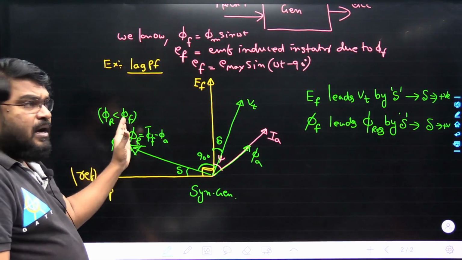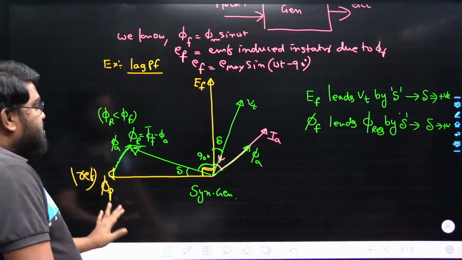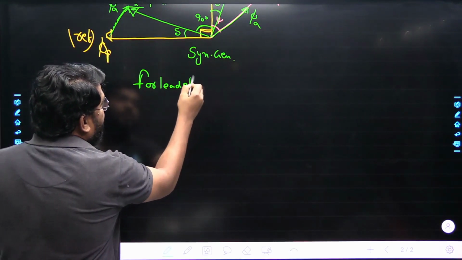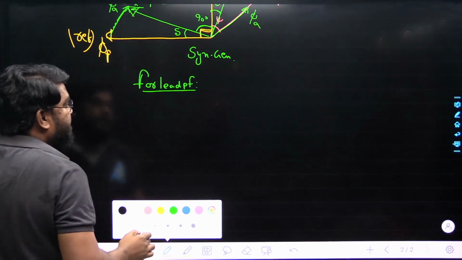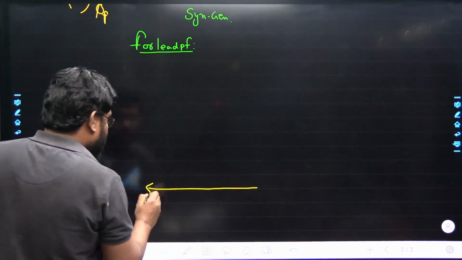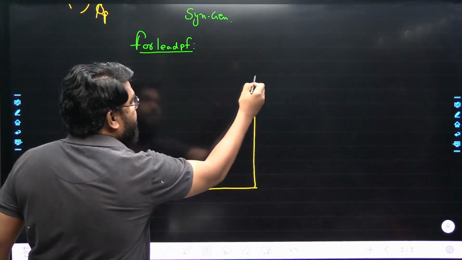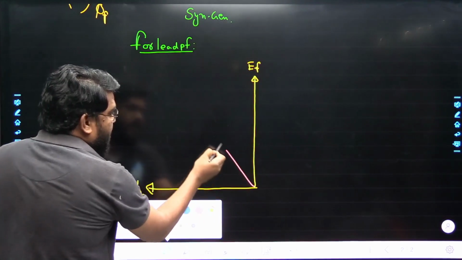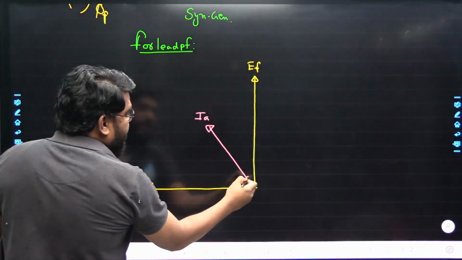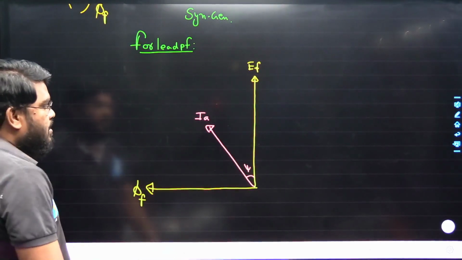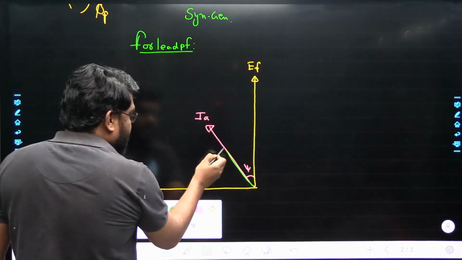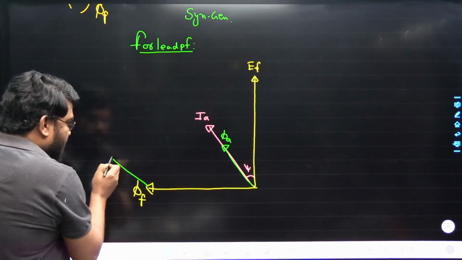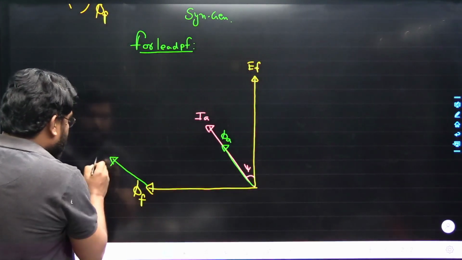If you take leading power factor, what will happen? Same thing: this is the field flux phi f and the excitation EMF EF. For leading power factor, the armature current IA leads by the internal power factor angle psi. The armature flux phi A is in phase with the armature current, so phi A is added here.